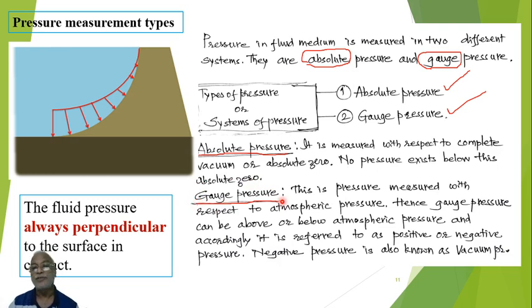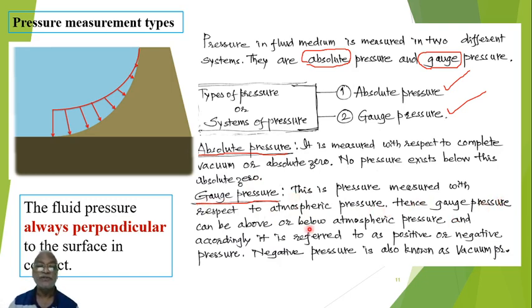Okay, what is gauge pressure? This is the pressure measured with respect to atmospheric pressure. Normal pressure that is felt by human beings is atmospheric pressure. If there is a pressure higher than that, then only there will be a feeling. Otherwise you don't feel. Also, if there is a lesser pressure, then also one can feel. That's why with respect to atmospheric pressure also we can measure or sense the pressures, and that is known as gauge pressure.